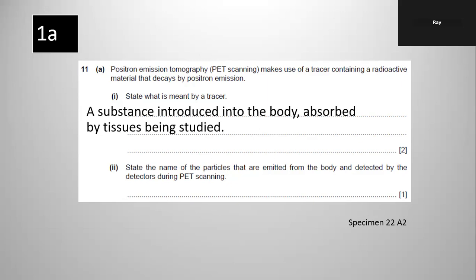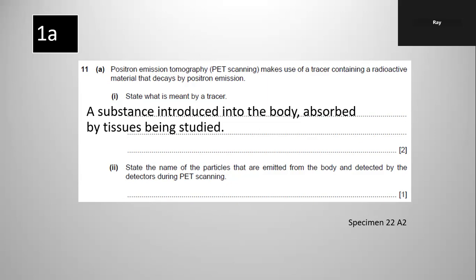A substance introduced into the body, absorbed by the tissue being studied. It may not be radioactive, because they didn't ask what is a radioactive tracer, they asked what is a tracer.